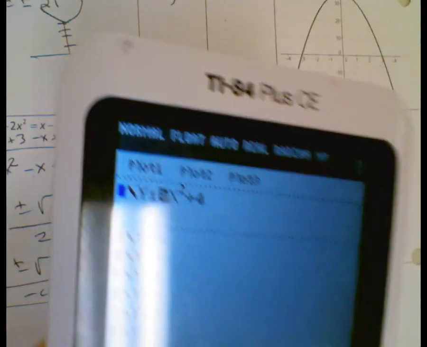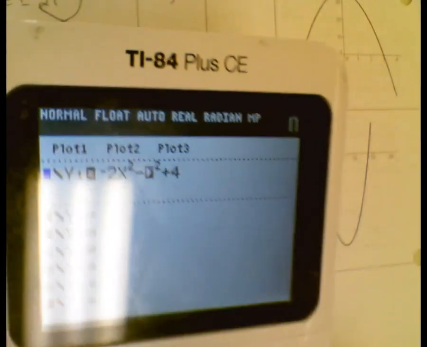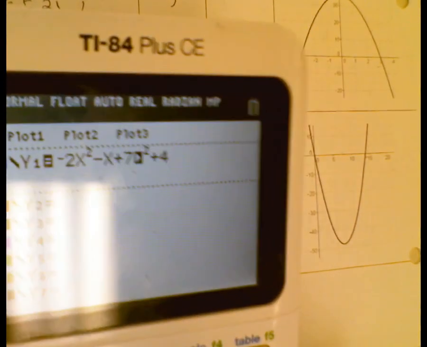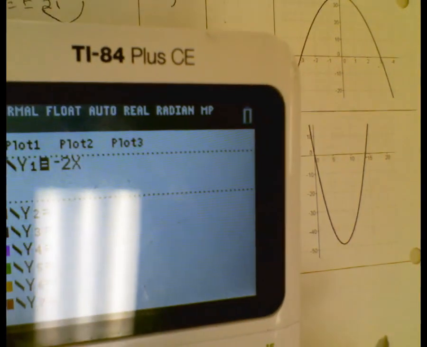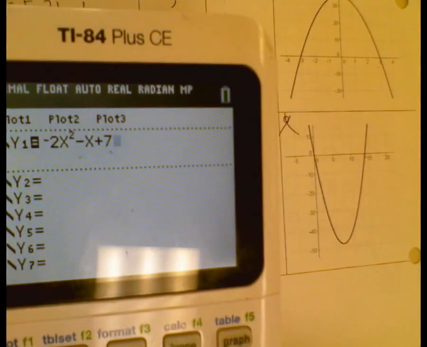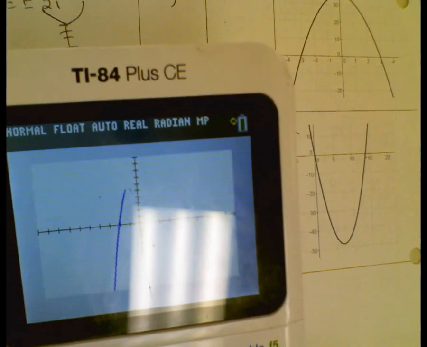And what is that graph? It's negative 2x squared minus x plus 7. Oh, I didn't do that again. Negative 2x squared minus x plus 7 graph. It's going to be upside down.